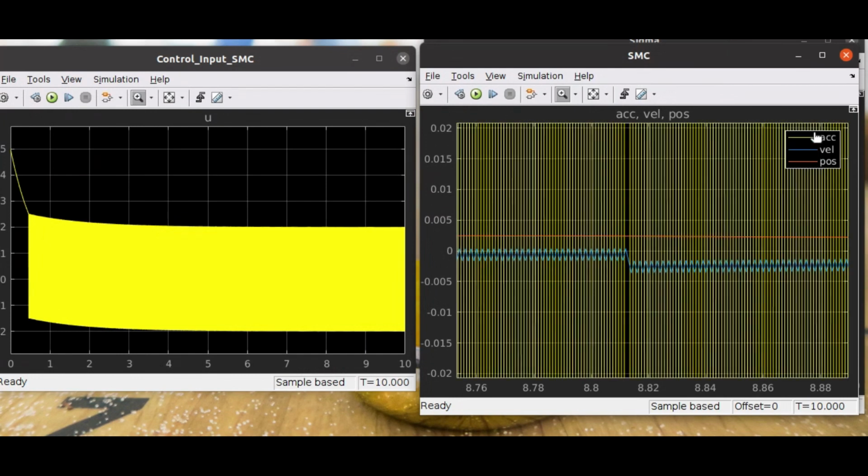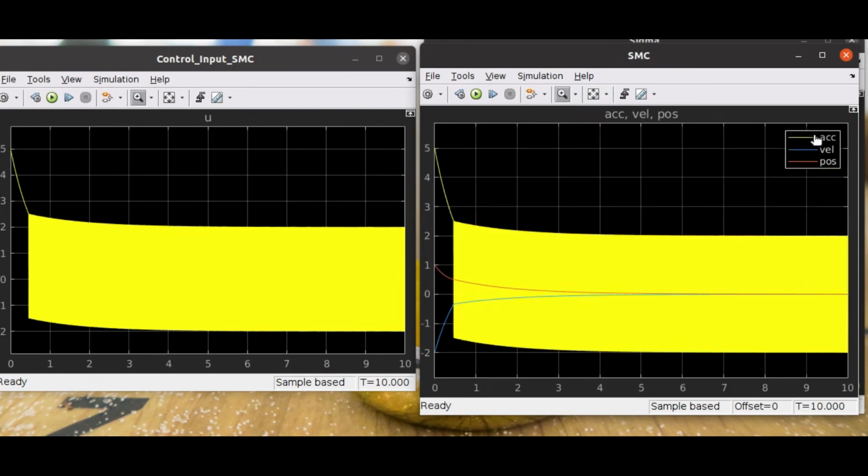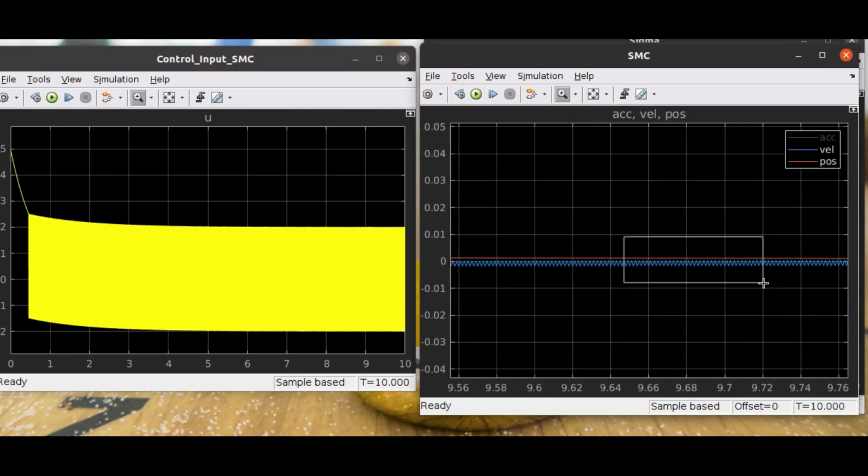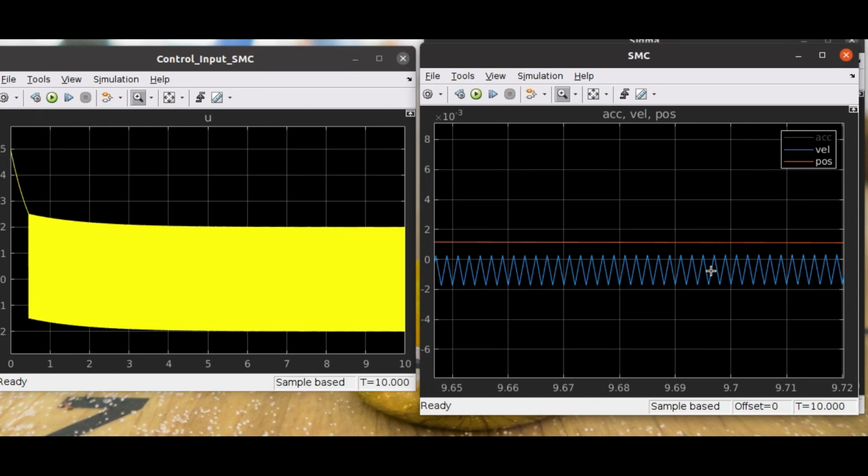In our case, the position will come to 0 only as t tends to infinity. So the position has never gone to exactly 0. Because the position has not gone to 0, sigma cannot be 0. As sigma has not been 0, the input u will induce a force of minus rho to the body.